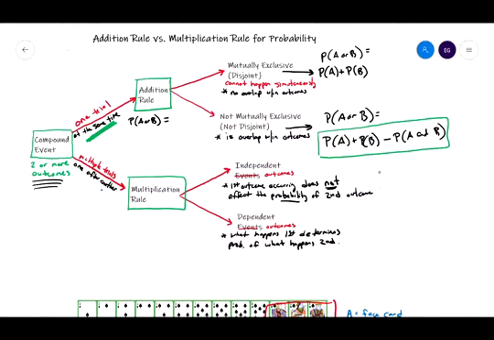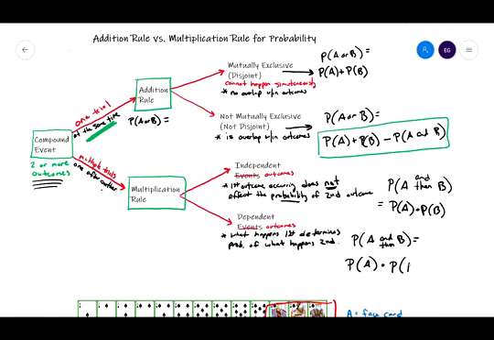And for multiplication, the probability of A and then B is equal to the probability of A times the probability of B if your events are independent, or in general, the probability of A and then B is equal to the probability of A times the probability of B given that A has already happened.